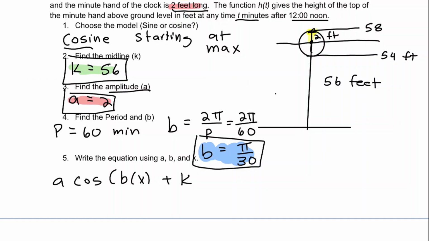These are parentheses. So again, I'm plugging in A, B, and K.